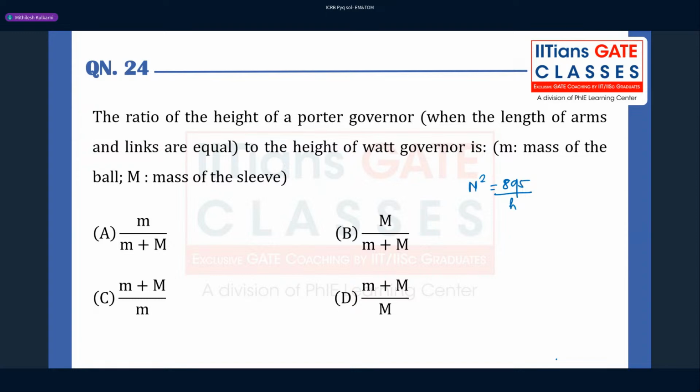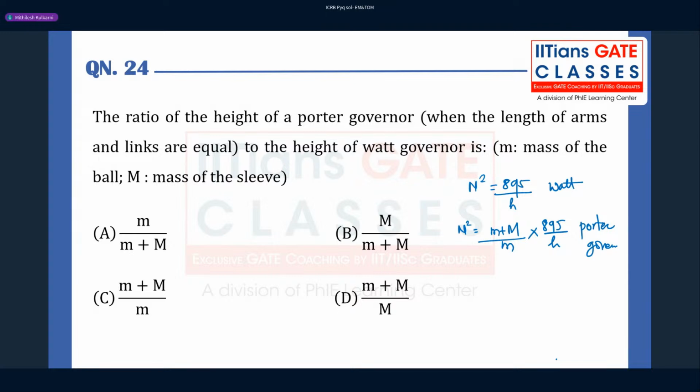However, in Porter governor, N square is equal to (m plus capital M) divided by small m, into 895 by h. This is the Porter governor, where the small m is the mass of the balls and the capital M is the mass of the sleeve.